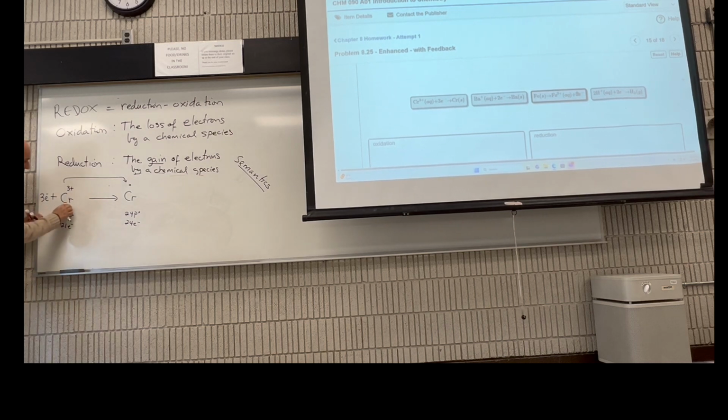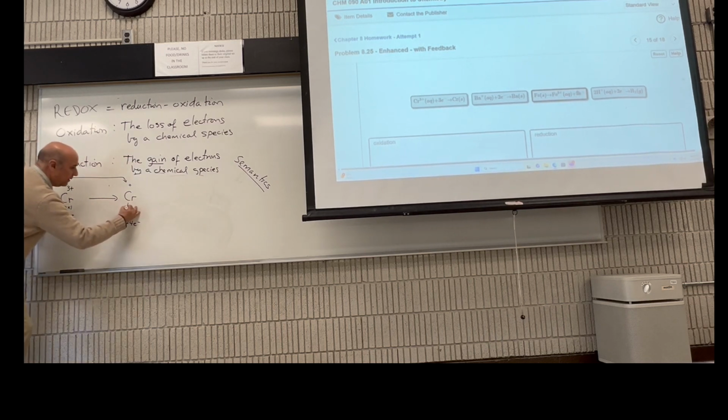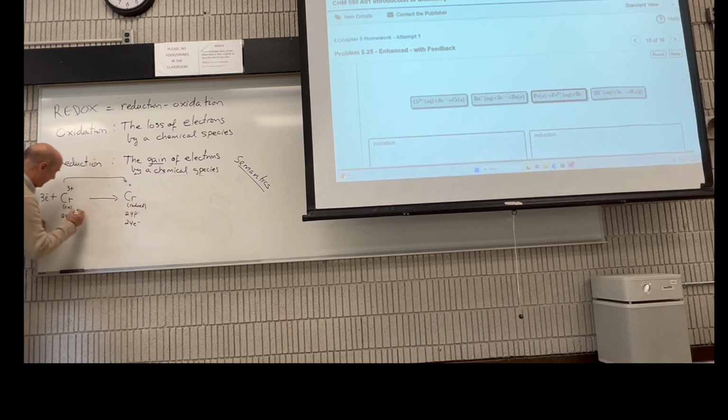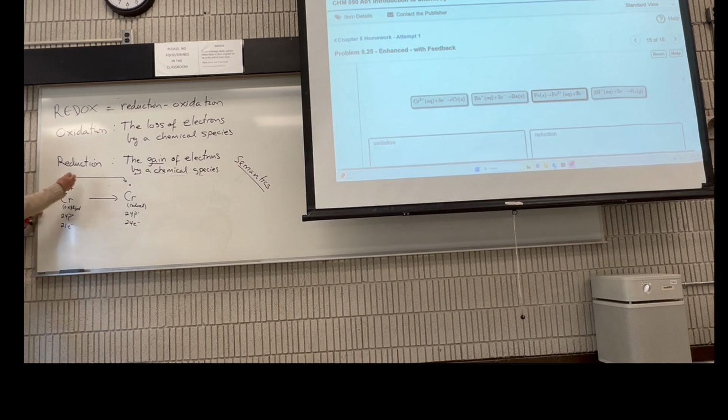So this guy right here is the oxidized form. This right here is the reduced form. So is it really oxidizing? I think it's getting reduced. Okay? So this is a reduction.